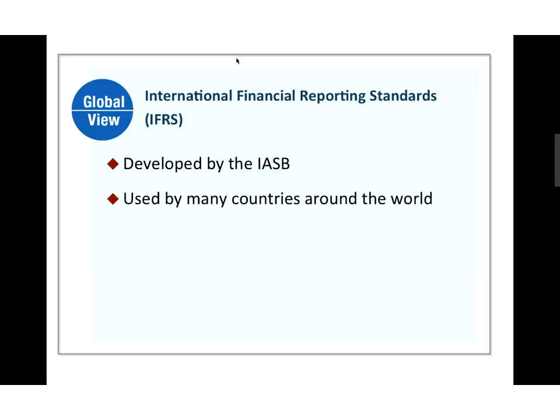As the economies go more and more global, it's difficult to compare companies from different countries. So there was a movement 20 or 30 years ago, they formed the International Accounting Standards Board, and the idea was to say, let's make one set of accounting GAAP for all countries. And so that's where IFRS came from.